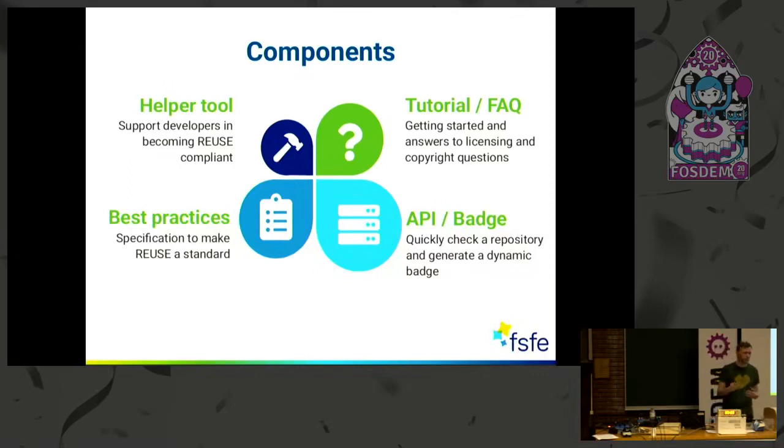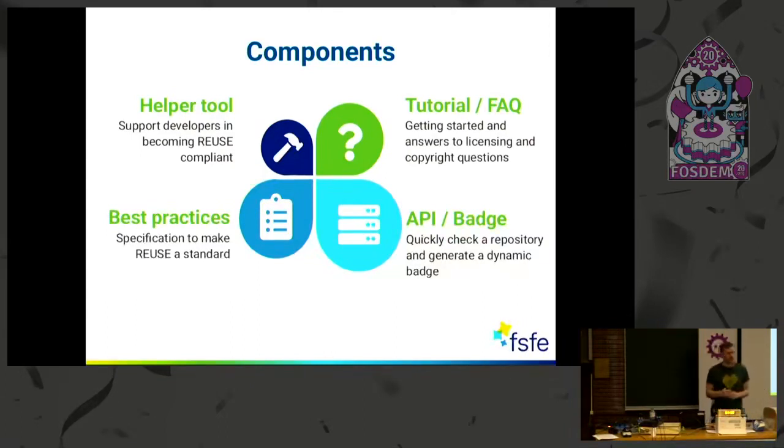Well, it probably won't be, but it will create a dynamic badge that you can include in your README file so people can see that you're reuse compliant and see the result of the reuse check already. So this is dynamic. If you came to the point that it's reuse compliant, you will always see that. If you're not reuse compliant, it will also show that this is not the case. So this is really transparent and really easy to start with.